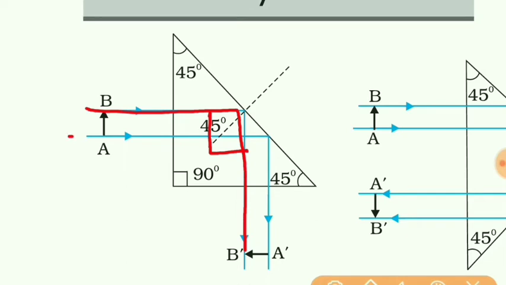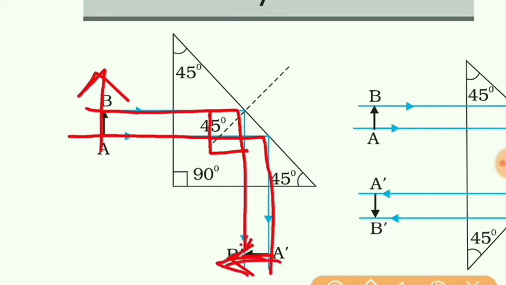Similarly you can show for this point A also, and so the image is formed in this way. The actual object is vertical and the image is towards the left side. In this way it becomes horizontal. So here a 90-degree deviation of the ray took place.